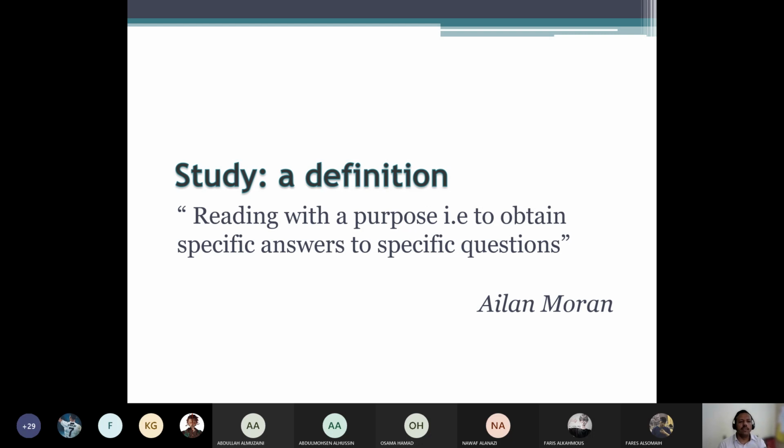So they found out the answer for one question. This is called a study, not for all. So study is reading with a purpose to obtain a specific answer for a specific question, whereas learning generally changes everything. It will change your way of thinking, your style, your attitudes, behavior, everything. Got it?